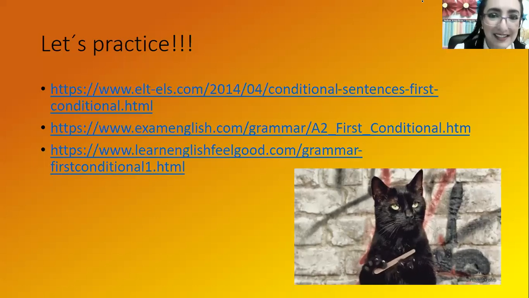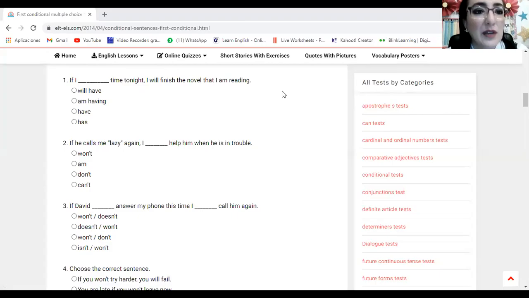Let's start. This is going to be super duper easy. Okay, here we go. I know that you can do it. So here we have some questions, okay? You are going to tell me which one is the correct one. For example, here I have, shall I make it bigger or not?